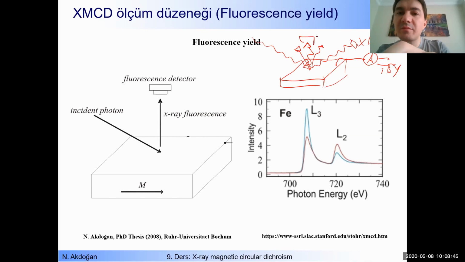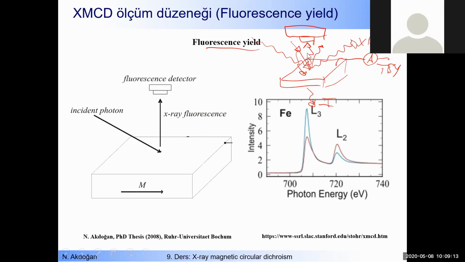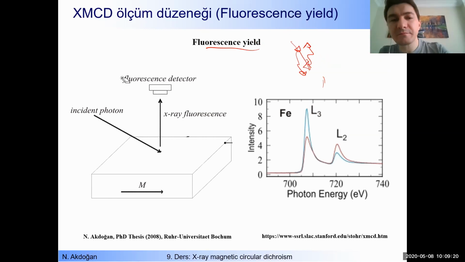If you measure them by using a detector, this is fluorescence yield, okay? And we have another method, which is transmission. You send X-ray like this, and then you measure the final intensity here. And this is the transmission method. Within the previous lecture notes, I have collected all of them in a single graph. For this reason, maybe you were confused.